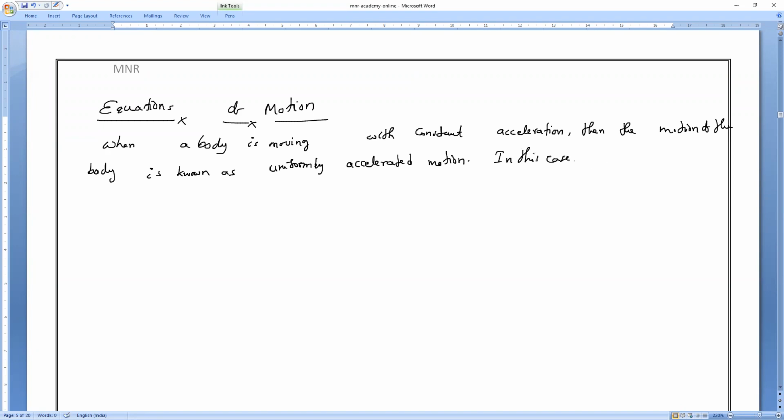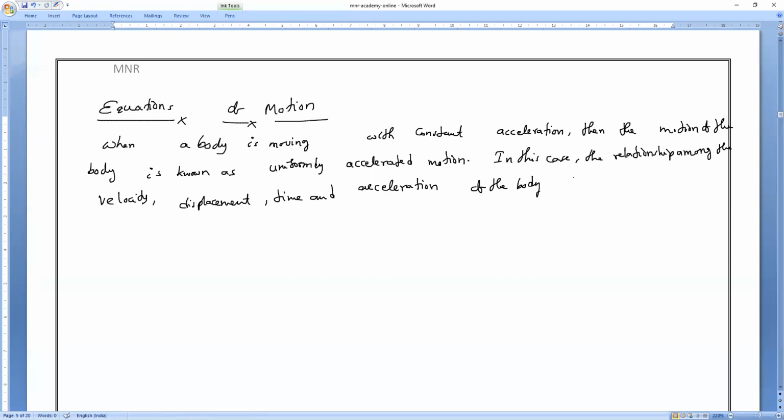In this case, the relationship among the velocity, displacement, time and acceleration of the body is represented with the help of three equations.